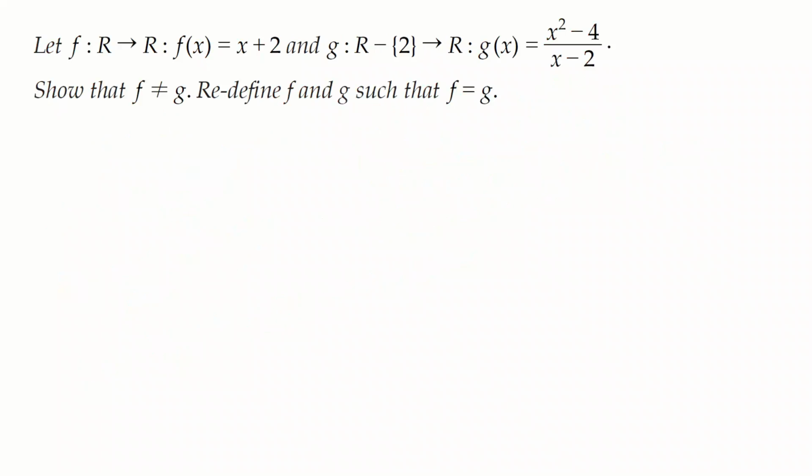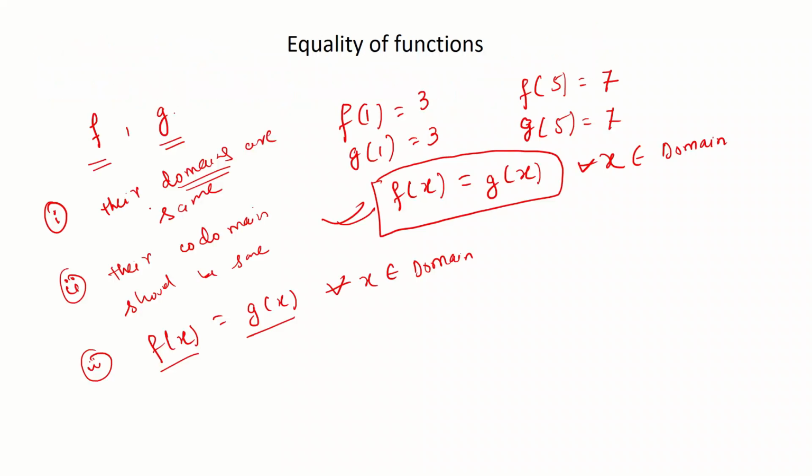So let's figure out whether this particular example gives us an example of equality of two functions or not. It clearly says that f and g are not equal. So we need to show that these two functions, the first one is this and the second one is this, are not equal. Remember what were the three conditions? The first condition was that their domains should be the same.